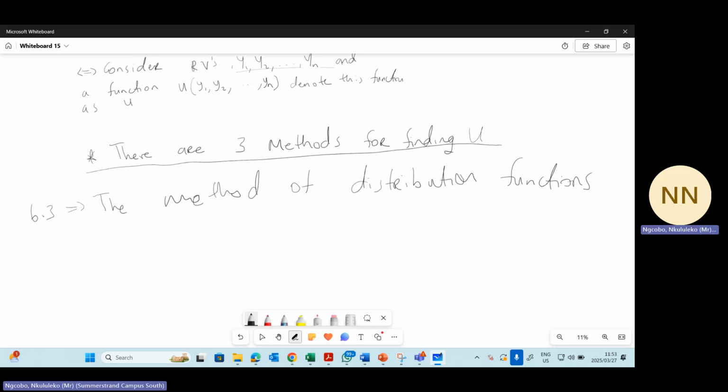Now, what do I mean about finding U? I mean finding the PDF of U, right? The PDF of U. There are three methods you could do this.